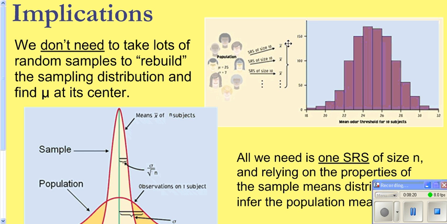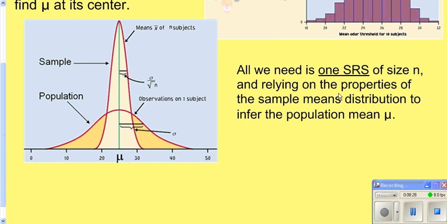Do we have to take many, many repeated samples over and over to build our sampling distribution? No, we really only have to take one simple random sample of a certain size, and then we can use that for our confidence interval.